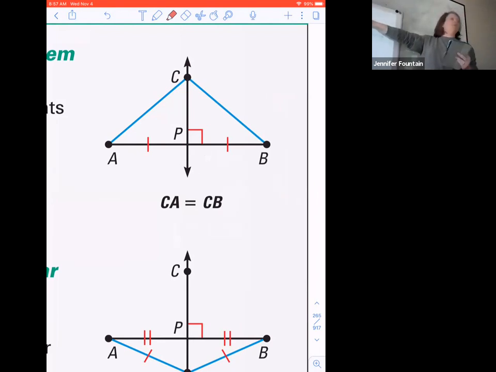Notice that if I have a point C on that line, on that perpendicular bisector, then not only is it the same distance from A to P and B to P, but if I had a line up here, it's going to be the same distance from C to A as it is from C to B. If I had a point down here, it would be the same distance from one to the other, okay?